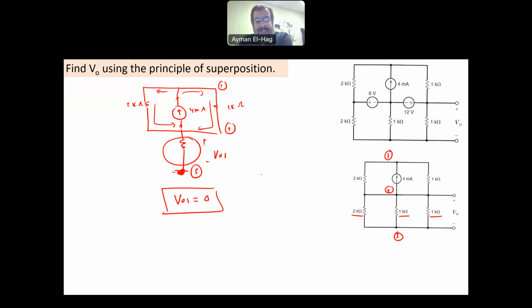So in this specific circuit, this current source does not contribute to this voltage. You can have any value here for the current source, and you will get exactly the same answer, because that specific current source has no contribution to the output voltage.